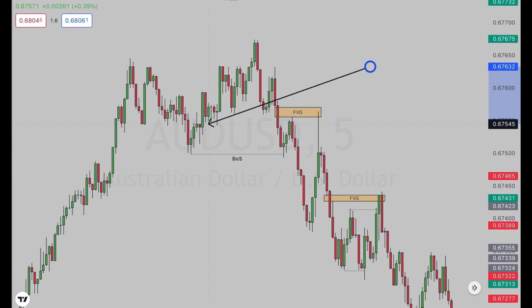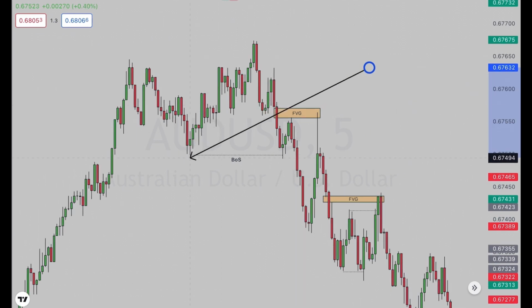But what really goes on in a head and shoulders pattern is that first a breakout structure takes place, which initiates a liquidity grab, which makes price go back up into a fair value gap that was created and shoot back down. So what do we see here?